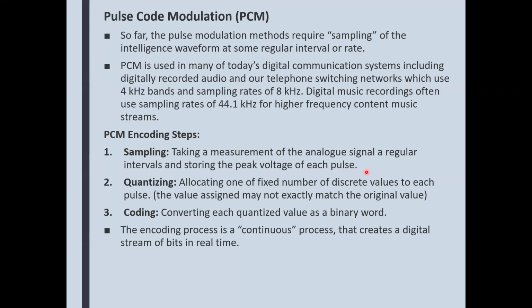All right. How? By quantizing, which means allocating one fixed number of discrete values to each pulse. Each pulse is going to have a number. The value assigned might not exactly match the original value, which means you'll have errors sometimes.